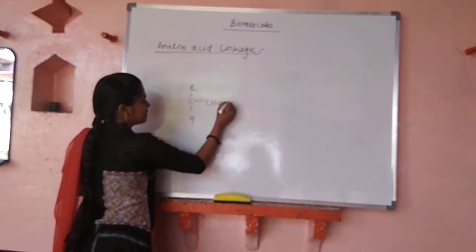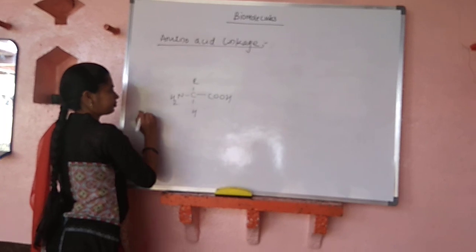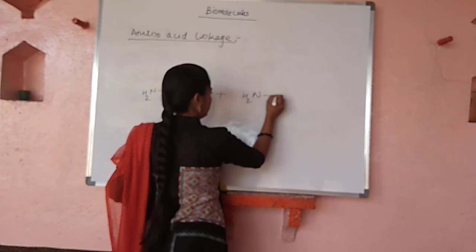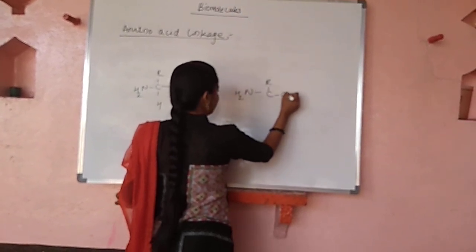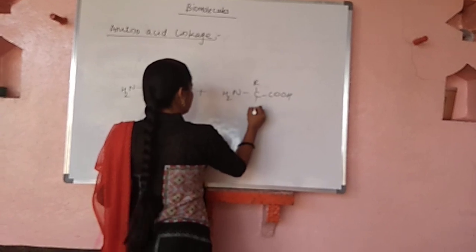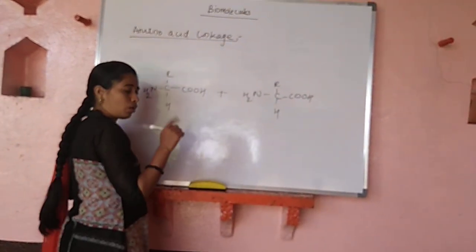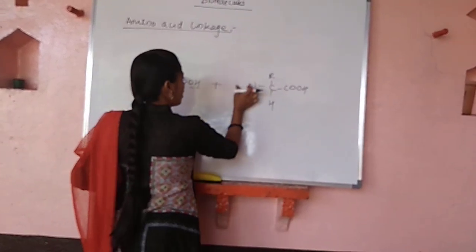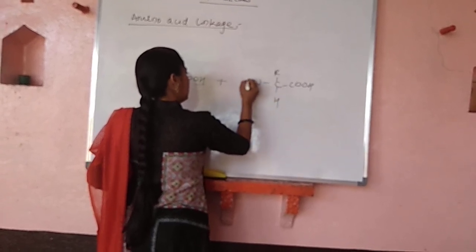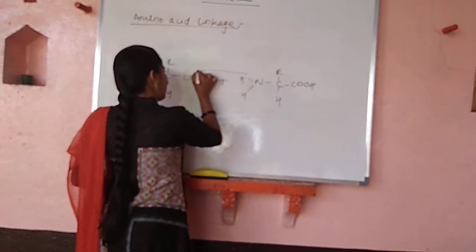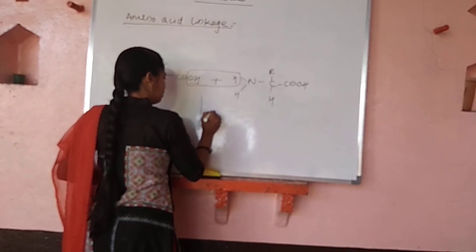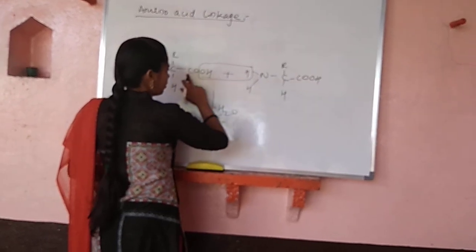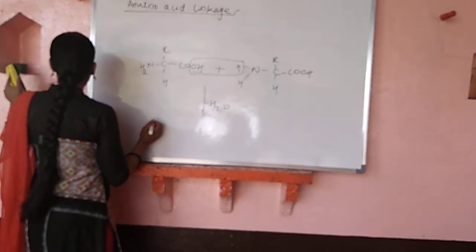Suppose this is one amino acid. It will combine with another amino acid. So what happened? OH from the acid group of one amino acid and H from the amine group of another amino acid combine and remove the water molecule, and it will form the bond between these two amino acids, and that bond is called what?